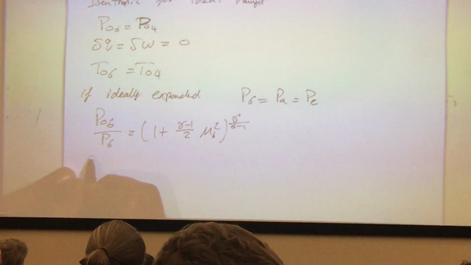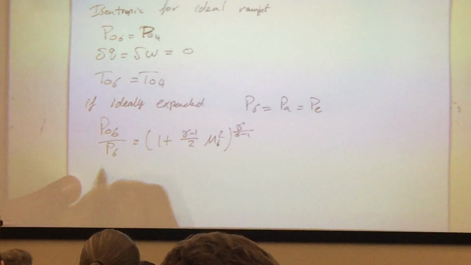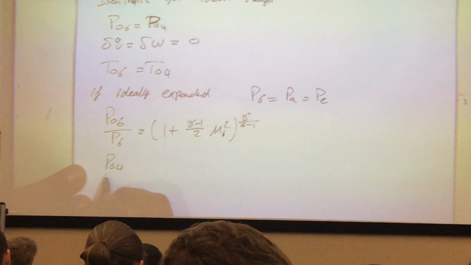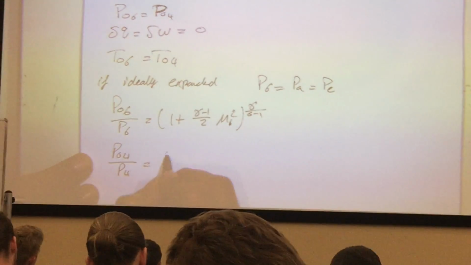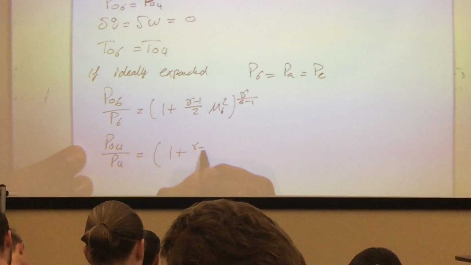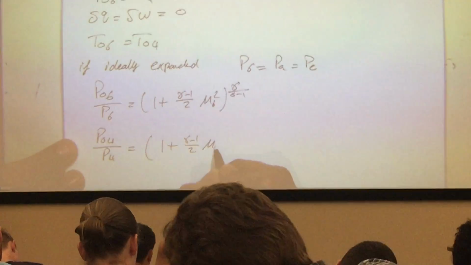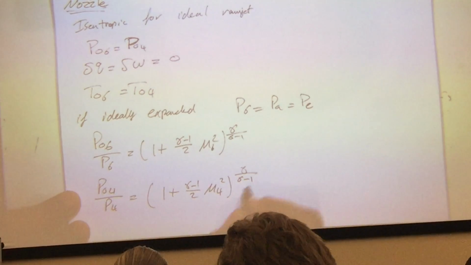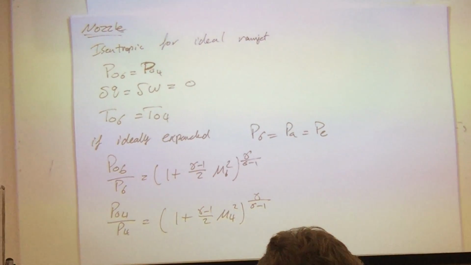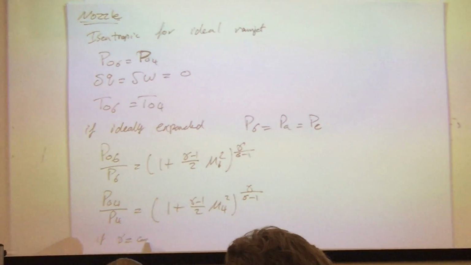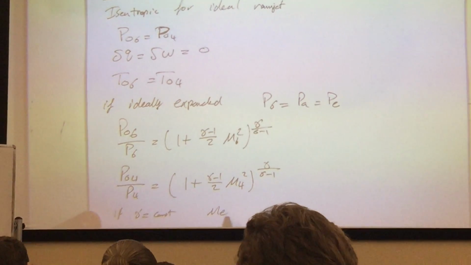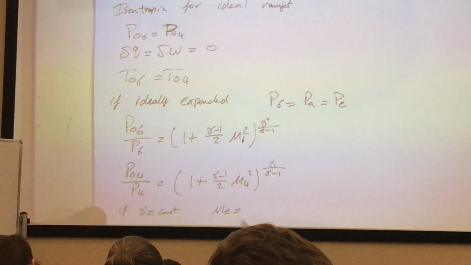So based on that, I could say P stagnation 4 over P4 is equal to 1 plus gamma minus 1 over 2 M4 squared, to the power gamma over gamma minus 1. Now we're assuming gamma is constant.